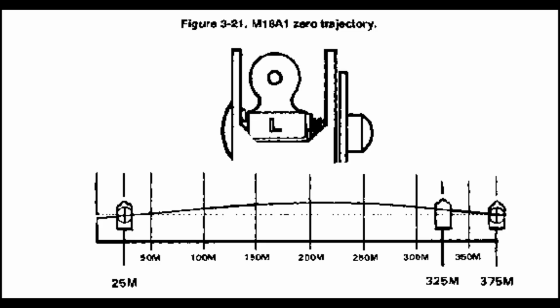It just so happens with the old M16A1, if you use the L or long range aperture on your rear sight and you get a point of aim, point of impact exactly at 25 meters, that will yield a good long range zero for your rifle.